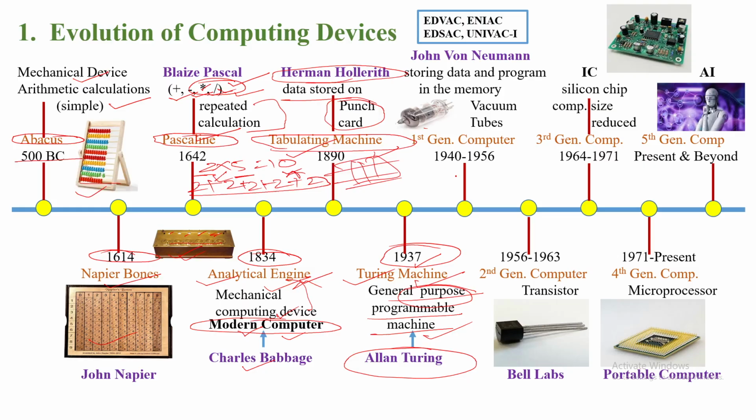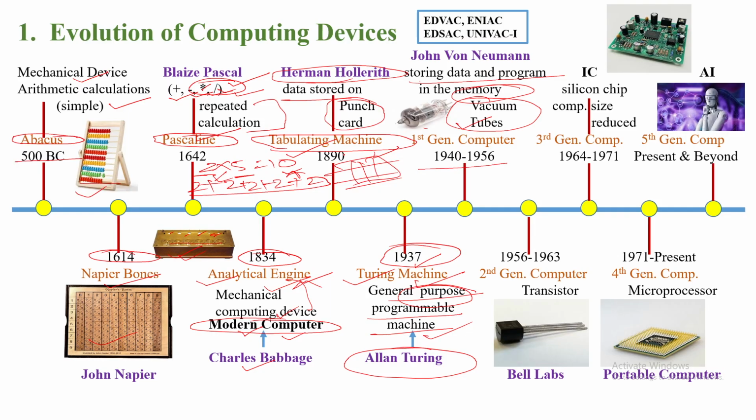Now afterwards, in 1940, the first generation of computers started. Which technology? Vacuum tubes. In this generation, the data and program were stored in memory, not on the punch card.